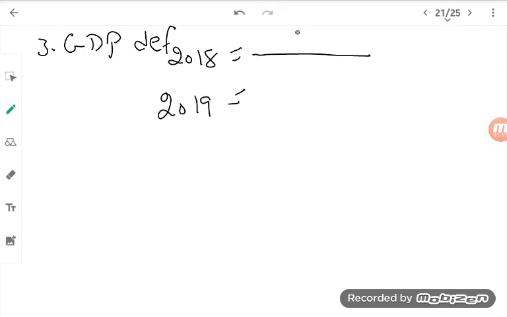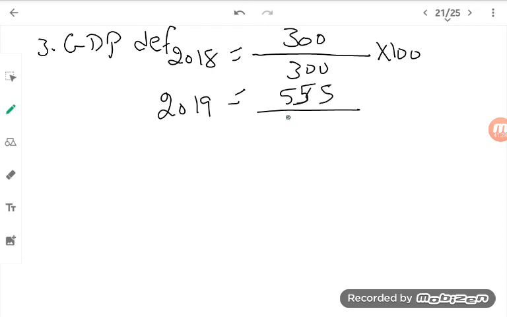Nominal GDP divided by real GDP multiplied by 100. So for the base year it's 100. For year 2019, it's 138.75.